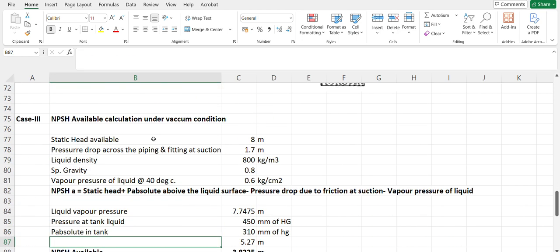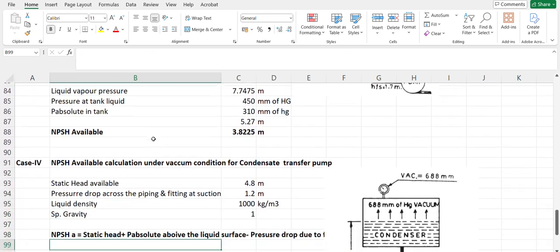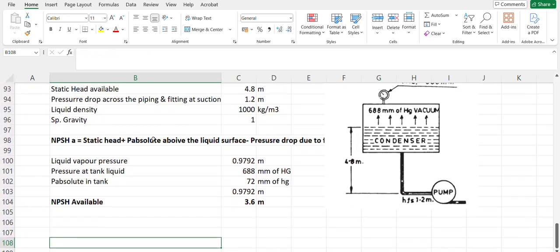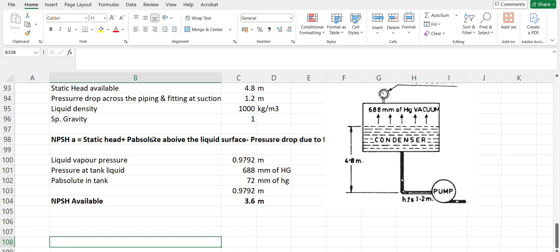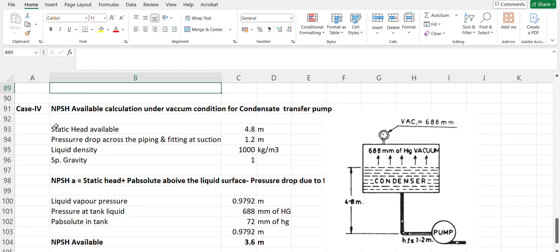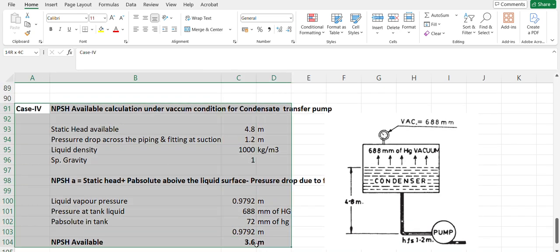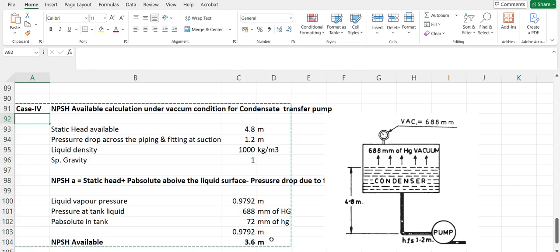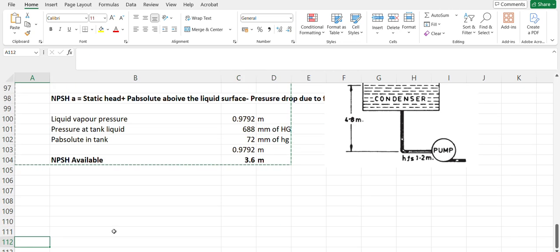Okay, so another example we considered is for a pressure vessel. We just assume that this is case five. Case five is for the NPSH calculation. I simply copy paste it here.